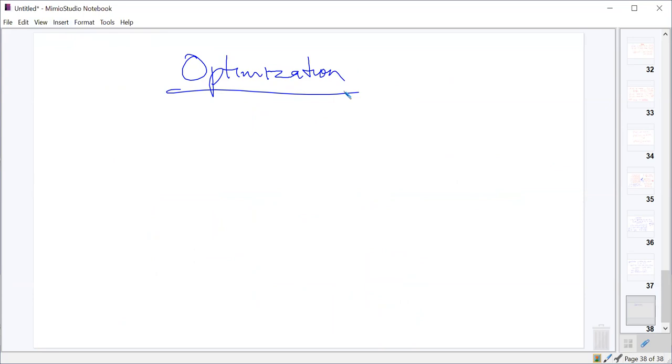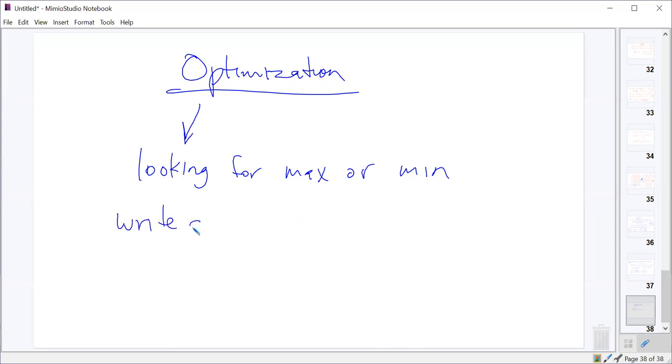But just remember that when you're doing optimization, all you're looking for is a max, or you're looking for a min. That's all you're doing, which means all you need to do is write a function, take its derivative, and set it equal to 0.